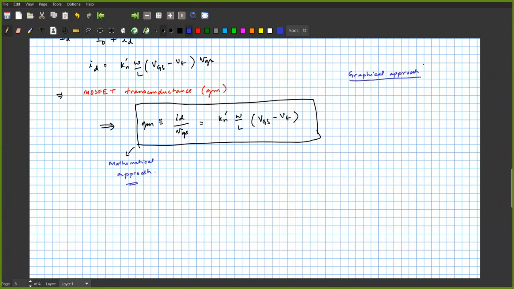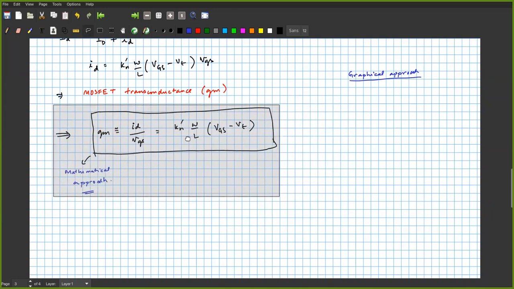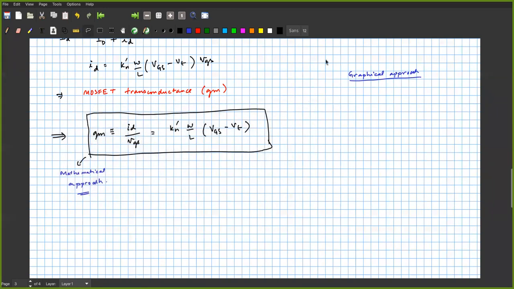How would I determine this graphically? No? Right. Find the tangent. Tangent where? At the Q points. For which graph will you draw the tangent?